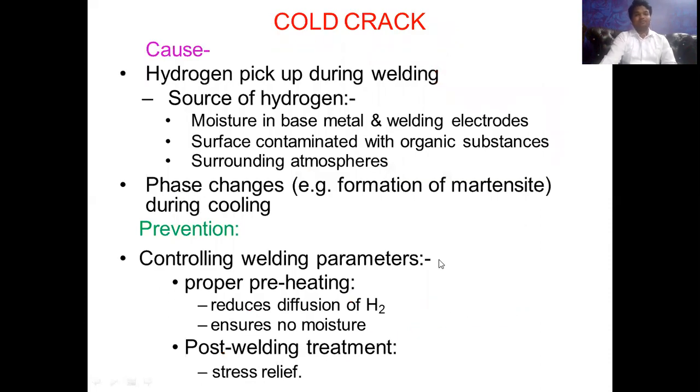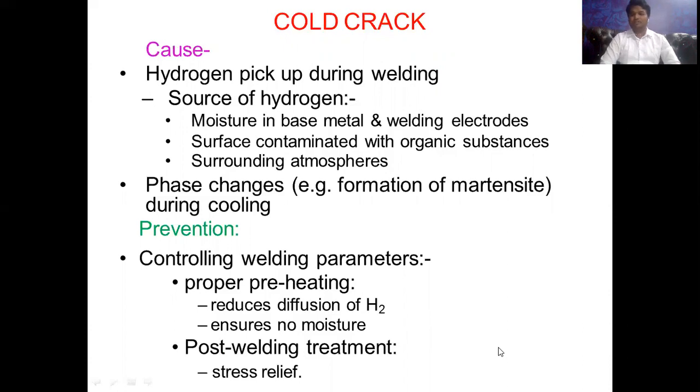Causes of the cold crack: hydrogen pickup during welding. Sources of hydrogen: moisture in the base metal and weld electrodes, surface contaminated with organic substances, and the surrounding atmosphere. One of the major sources for cold cracking is hydrogen.